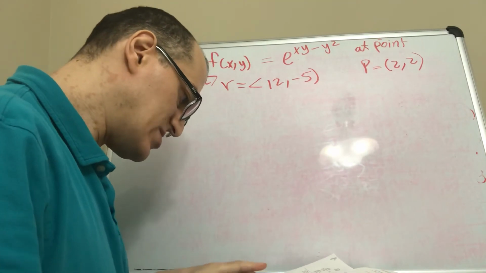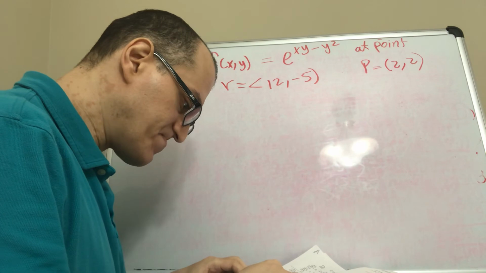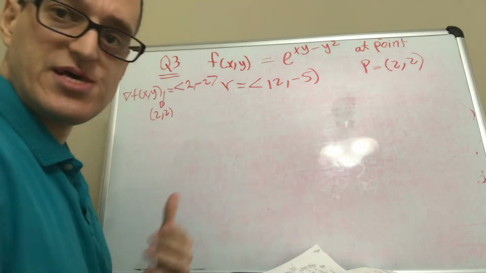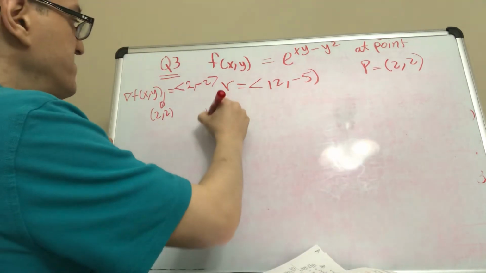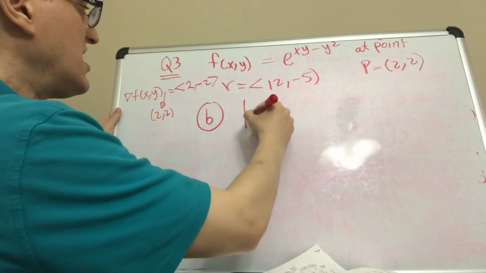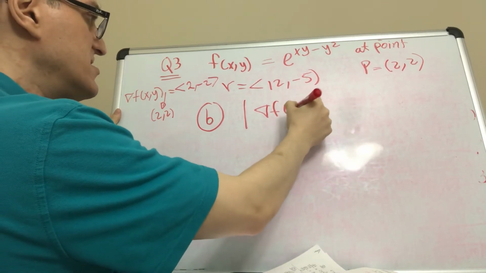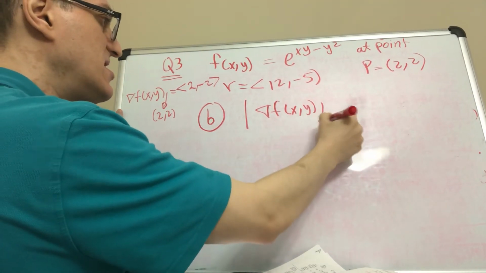For the second one, in the direction of largest increase. Largest increase, you find the magnitude of this at the point 2, 2.